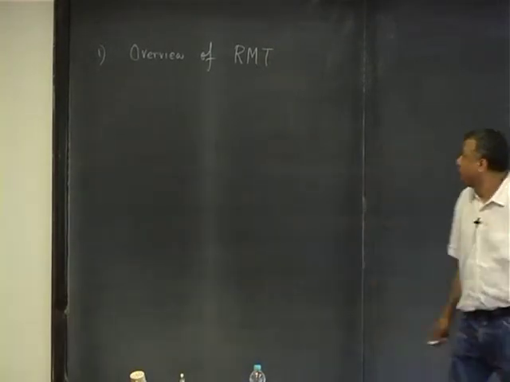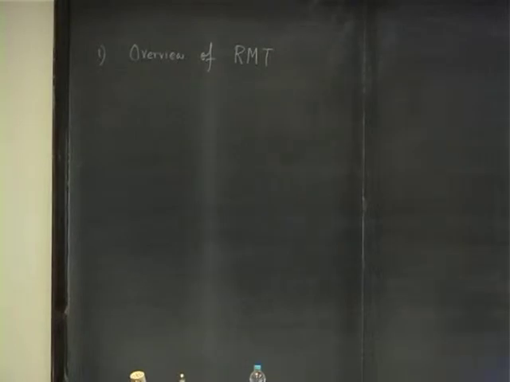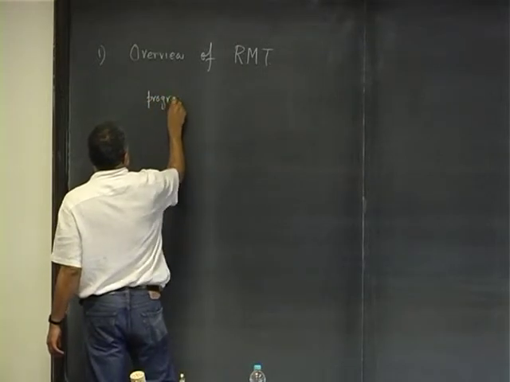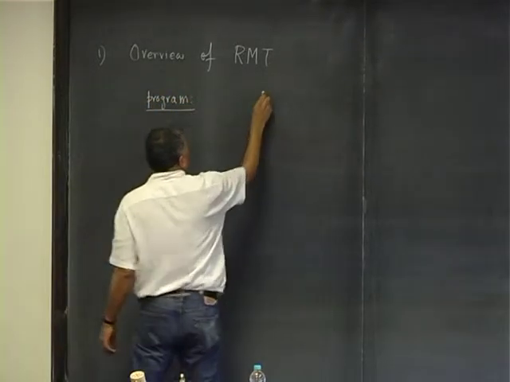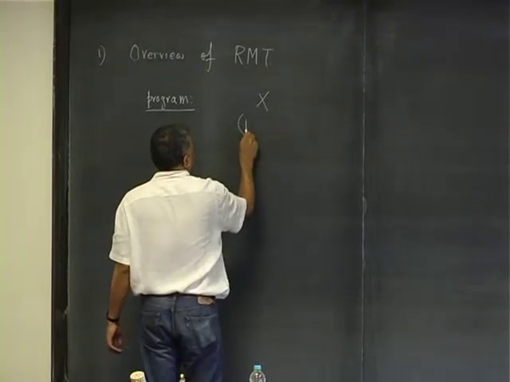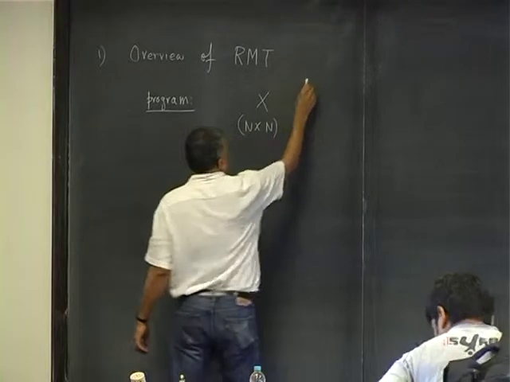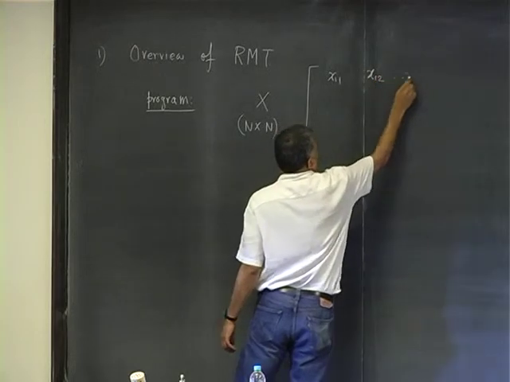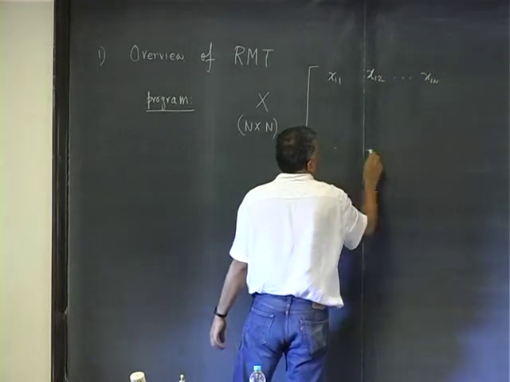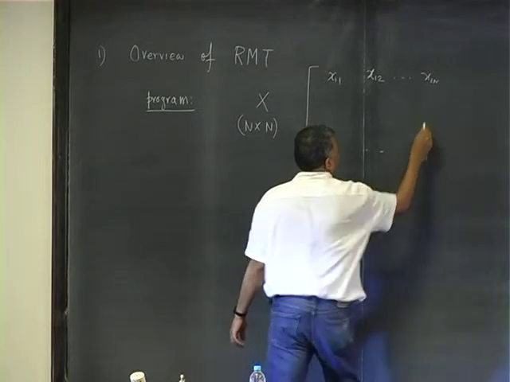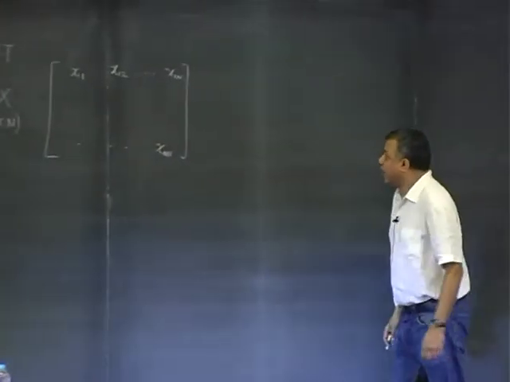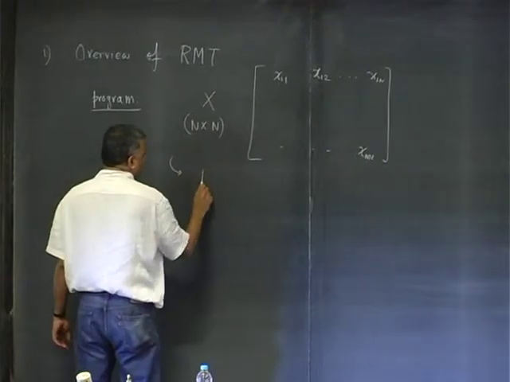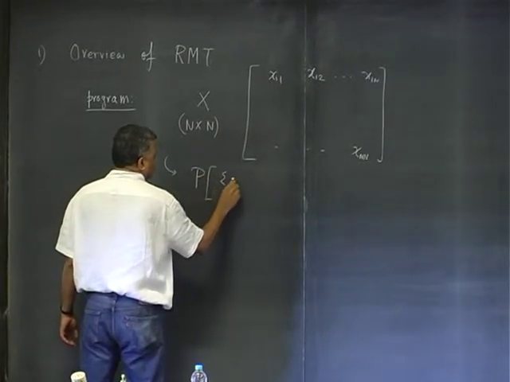And so the main program was that you had an n by n matrix, let's say with elements x11, x12, etc. The entries of this matrix are random variables, and in general they are drawn from some joint distribution of the matrix elements.